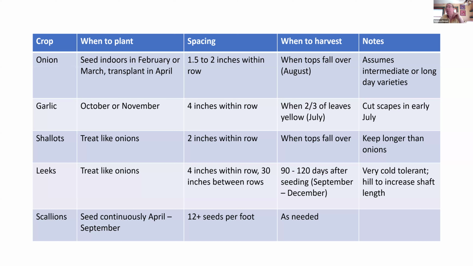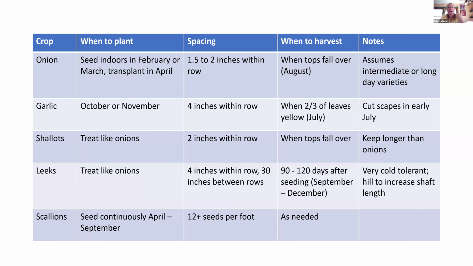Leeks are extremely cold tolerant. And usually with leeks, we control the weeds by hilling, because that also increases the blanched shaft length. But you can grow leeks in plastic mulch with raised beds. You just want to make sure to plant them really deep.